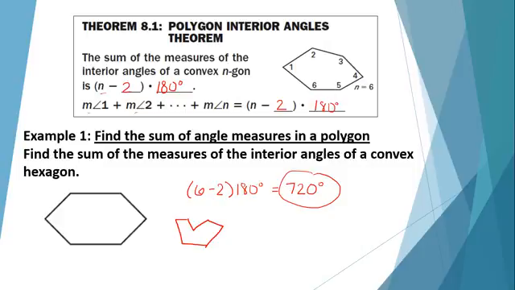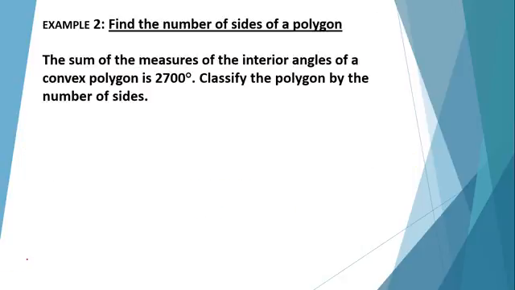Okay. All right. So let's take another look at another example that matches back to the assignment that we'll do in class. From the theorem we looked at, the Polygon Interior Angles Theorem, we can determine what this example is asking us to do. It says the sum of the measures of the interior angles of a convex polygon is 2,700 degrees. Classify the polygon by the number of sides.